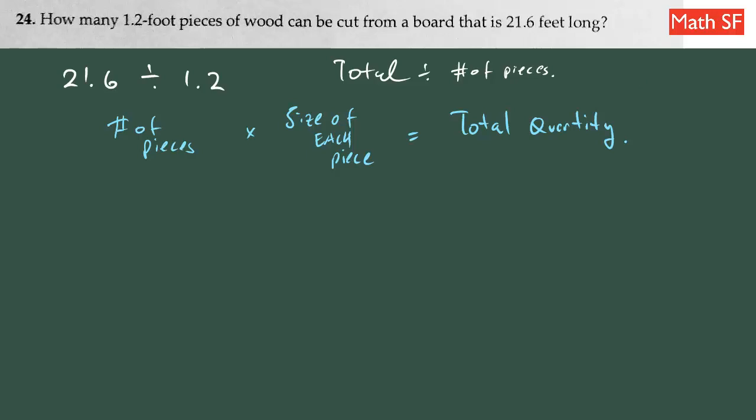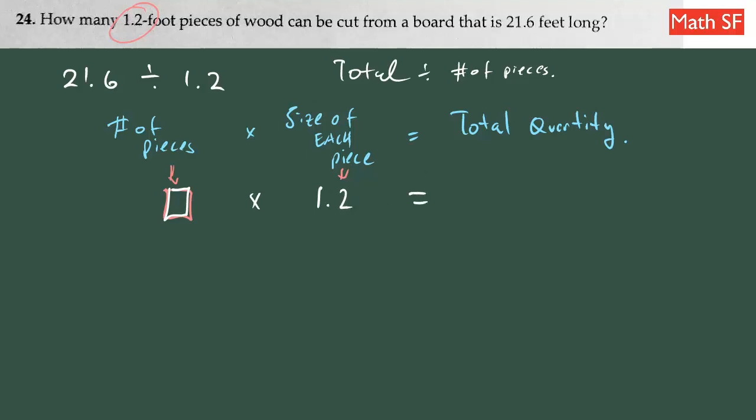Well, let's see what we have here. The number of pieces. How many? They're asking how many pieces can be cut, so that's going to be your box there. Times the size of each piece. Do we know the size of each piece? Yes, it was a 1.2. So that should be here. That's a 1.2.